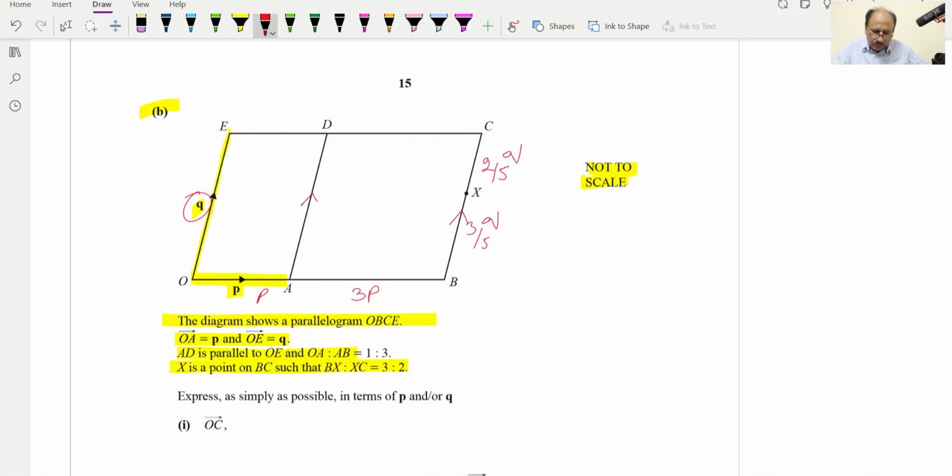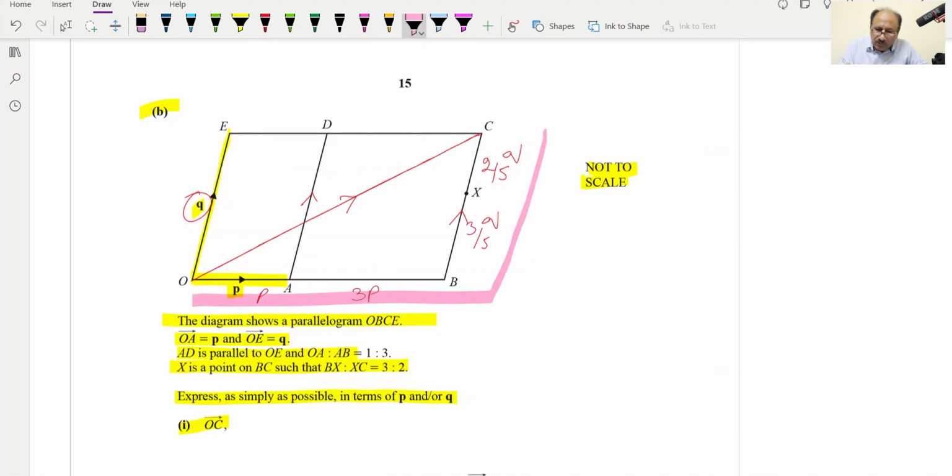Hopefully you understood each and everything till now, and express as simply as possible in terms of P and or Q. So OC, we need to identify first what is OC. We can draw OC, this vector, and its direction will be this one, and for OC we can take this route, this one and this one.